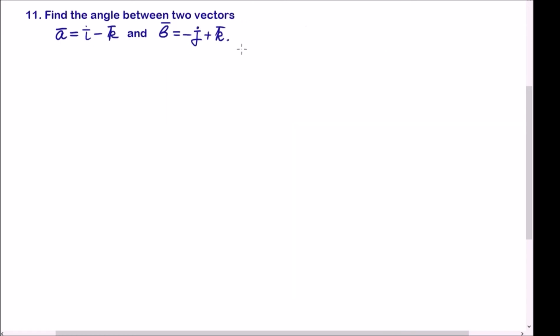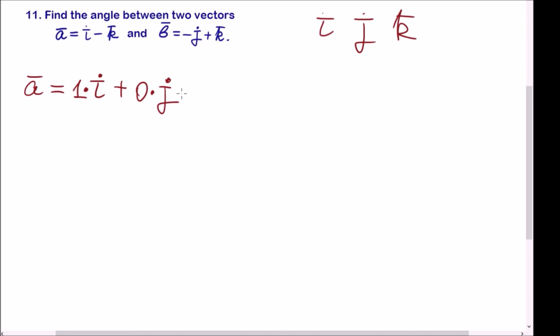i, j, k are standard unit vectors. So we have the expression of the vector a in the form of standard unit vectors. Vector i with the coefficient 1, the second vector j with the coefficient 0, plus 0 multiplied by j, and plus minus 1 multiplied by the vector k.